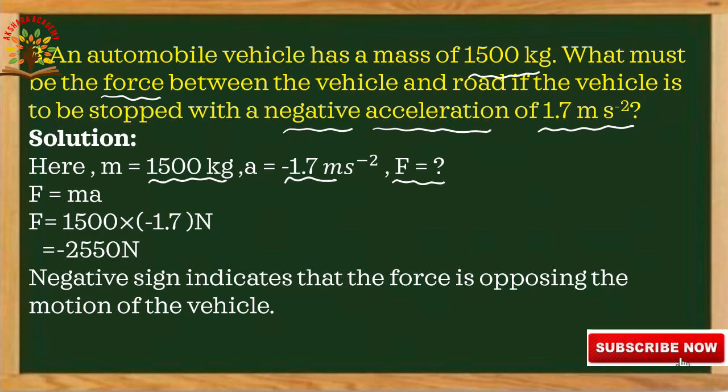From Newton's second law of motion, the relation between F, m, a is F is equal to ma, the product of mass into acceleration. Mass is given as 1500 and a is minus 1.7. Multiplying, 17 times 5 is 85, and 17 times 1 is 17, so that is minus 2550 newtons.